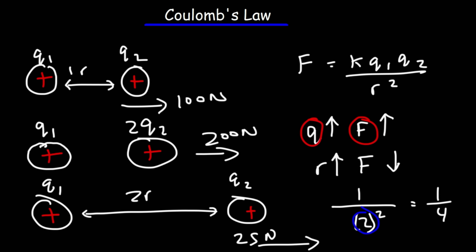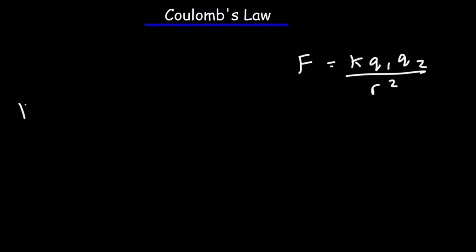So the electric force is strongest when the charges are placed closer together, or if you increase the magnitude of the charges. Now let's talk about the units associated with Coulomb's law. The unit of force is the Newton.